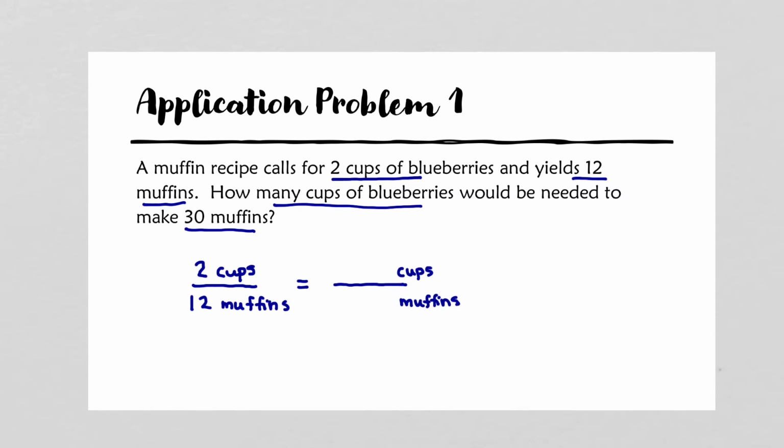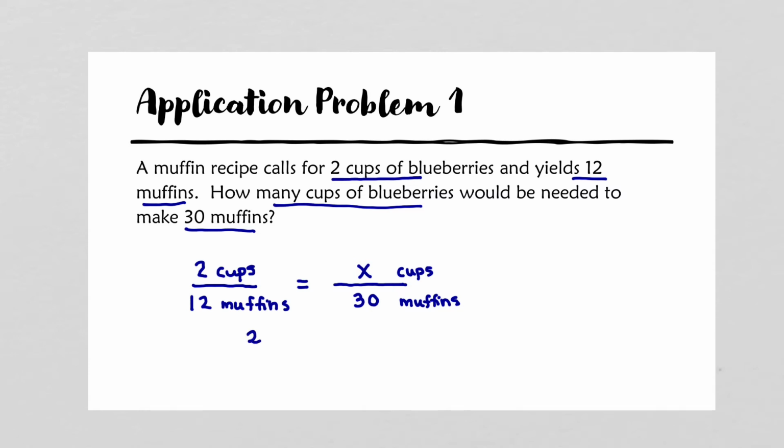The second relationship says how many cups of blueberries. Well, we don't know how many cups of blueberries in that second ratio, so I'll put an X in place of cups. We do know that corresponds to 30 muffins. That is, 2 cups of blueberries corresponds to 12 muffins in the same way that X cups of blueberries corresponds to 30 muffins. There's our proportion.